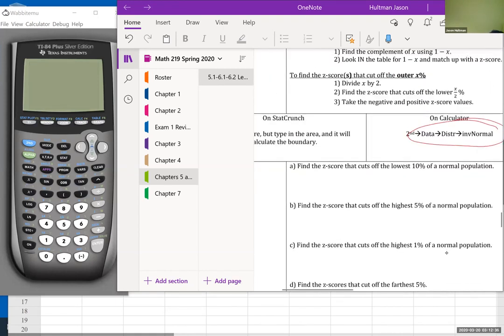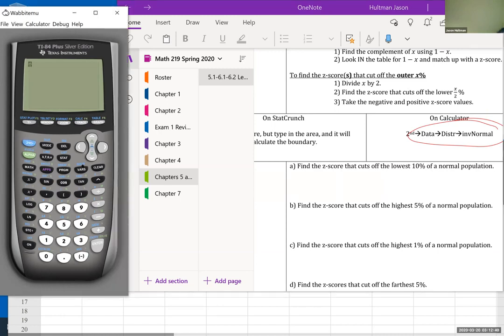So on the calculator, it's a little bit more challenging, okay, but it's doable. So find a z-score that cuts off the lowest 10%. Well, let's do the 40% that we did before. Okay, so here we're going to go to second distribution, and in this case, it's the one below it. If we're going backwards, it's the one below it. It's called inverse norm.